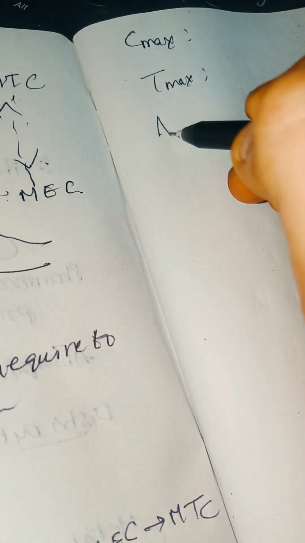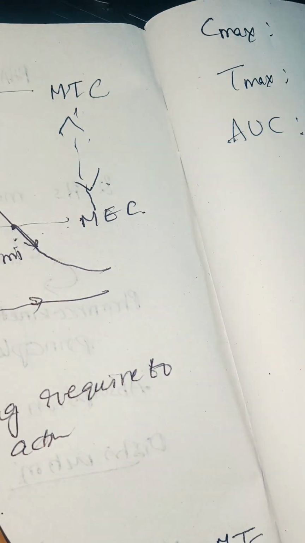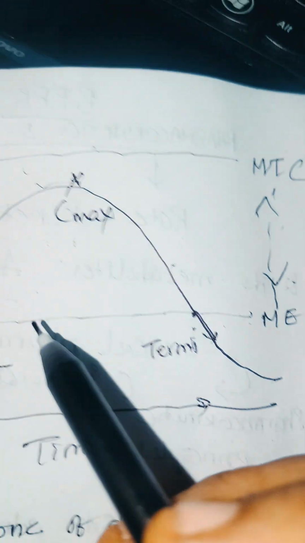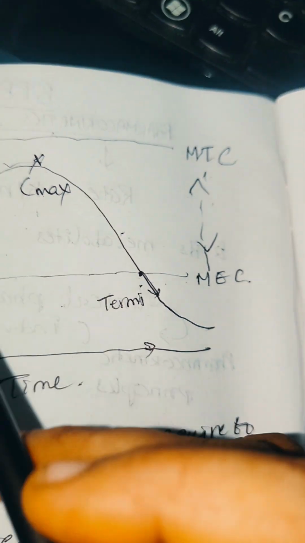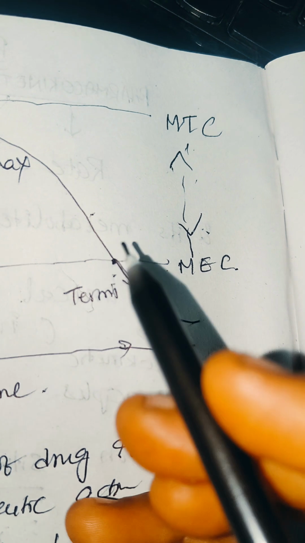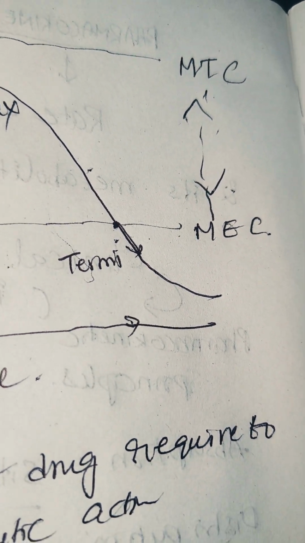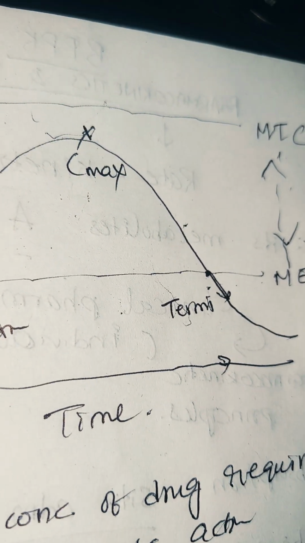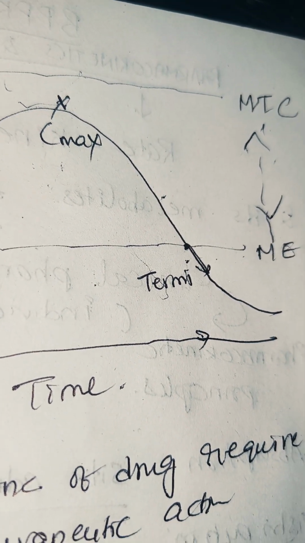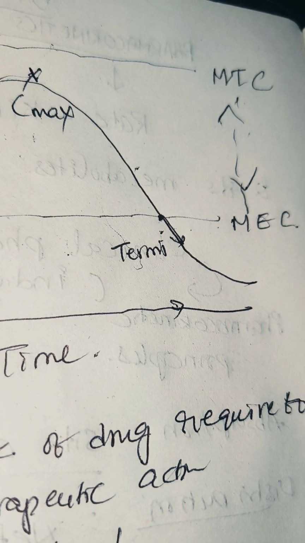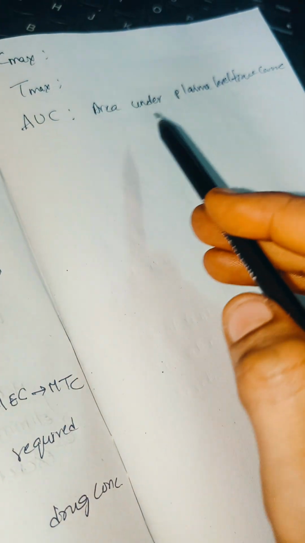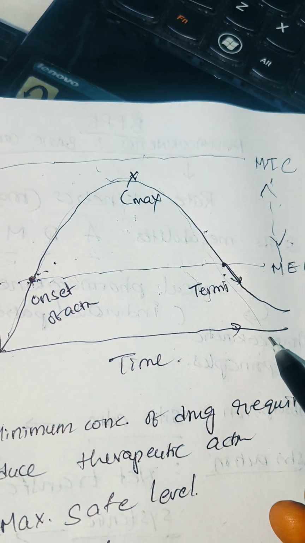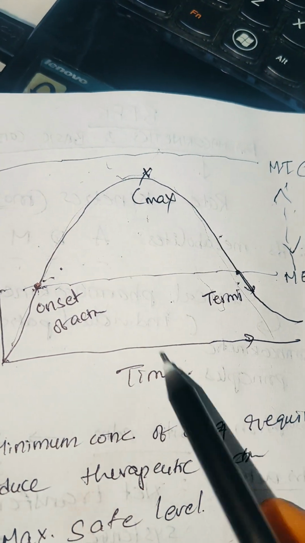Area under curve, AUC, is defined as the total integrated area under the plasma level time curve.